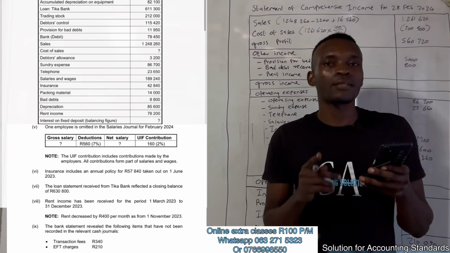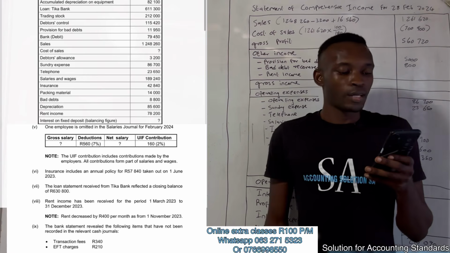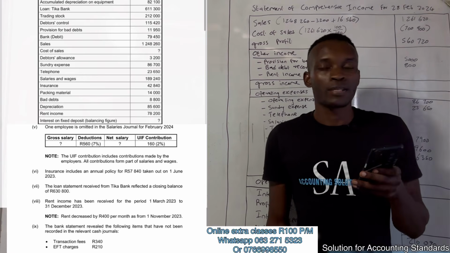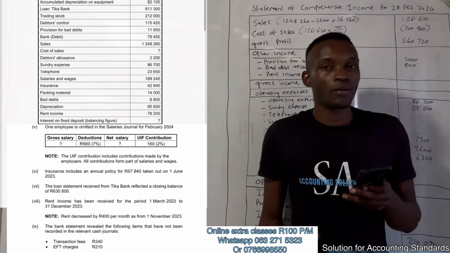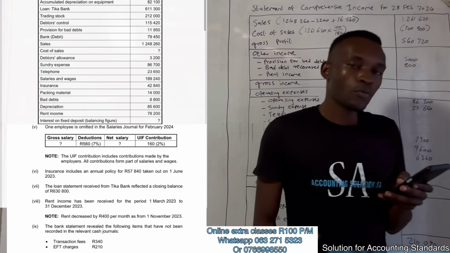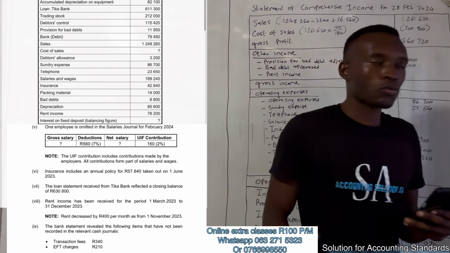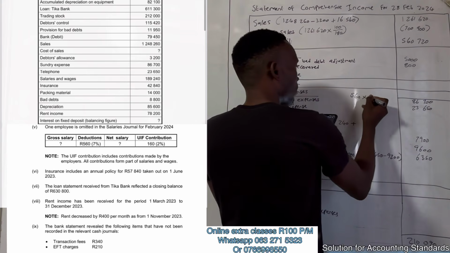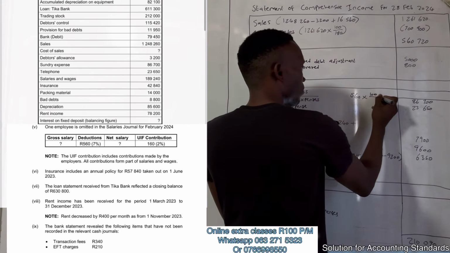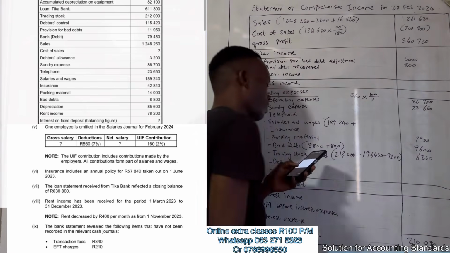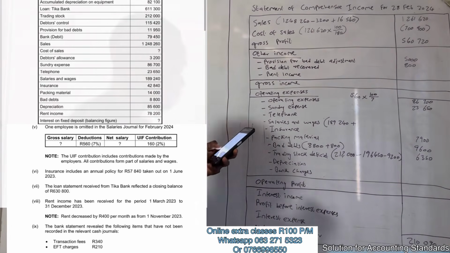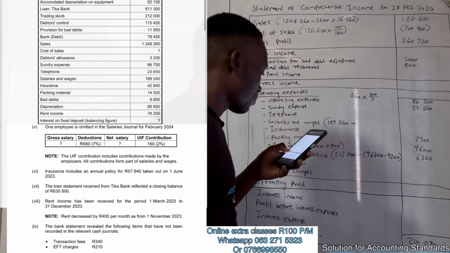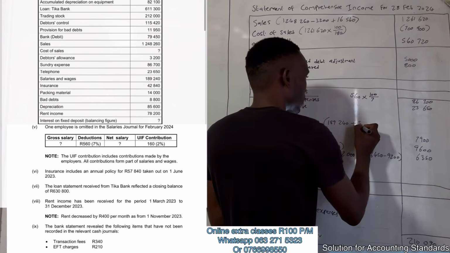But it's easy because they give us that deduction was 560, which is 7% of the gross. Okay, we must do a reversal method to calculate this one. 560 multiplied by, we are looking for the original amount, and we have 7%. If you do this calculation, guys, you are going to get an amount of 8,000.